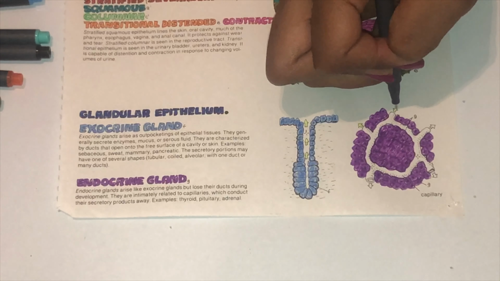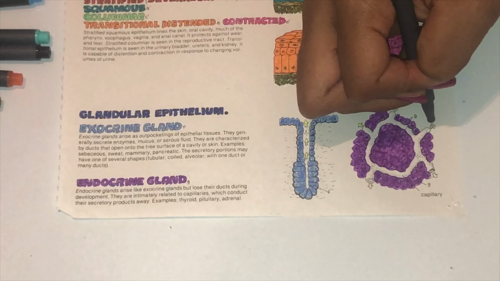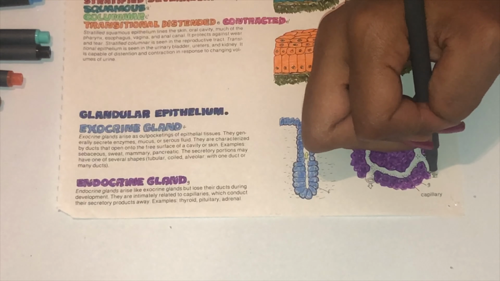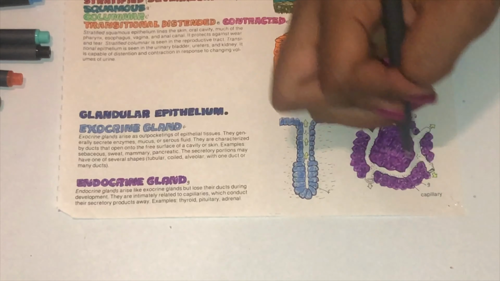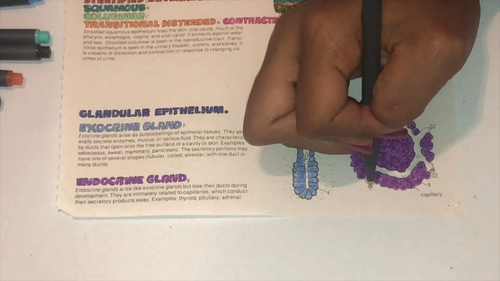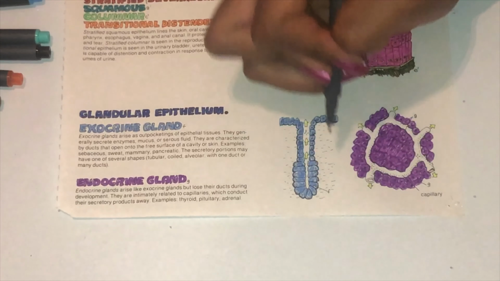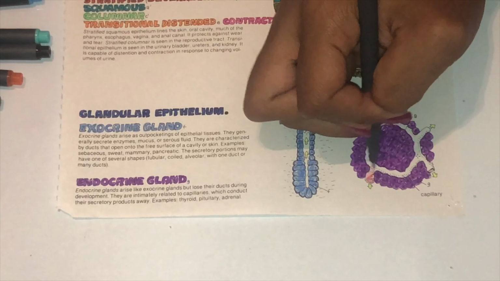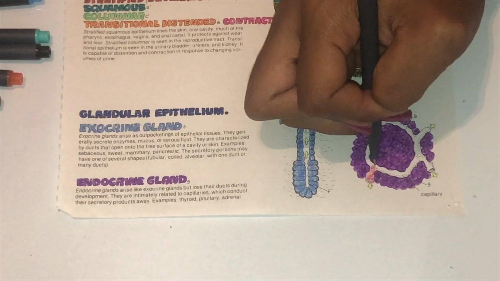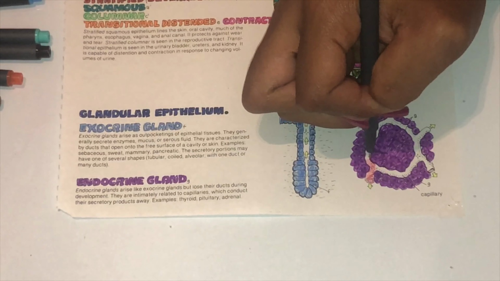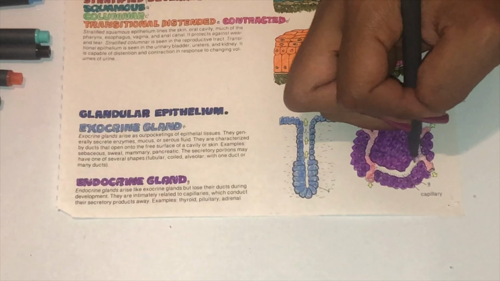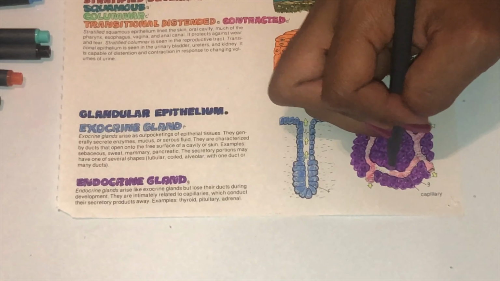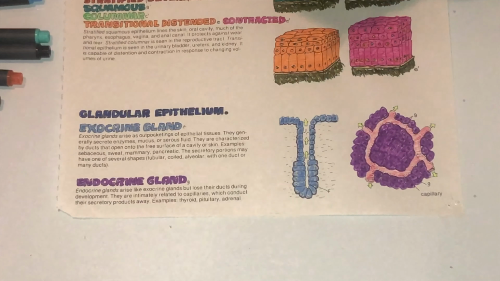But I'll color those in. And I'll also go ahead and color in the capillary. So what I'm coloring in pink is the capillary, which is surrounded by the endocrine gland.